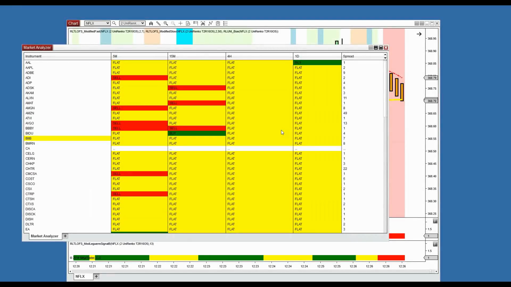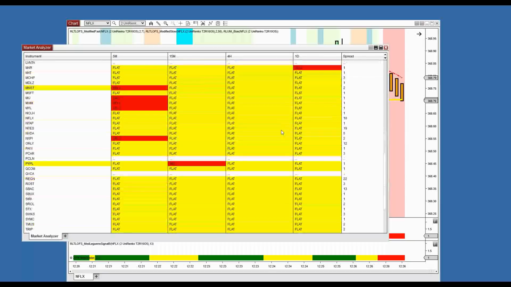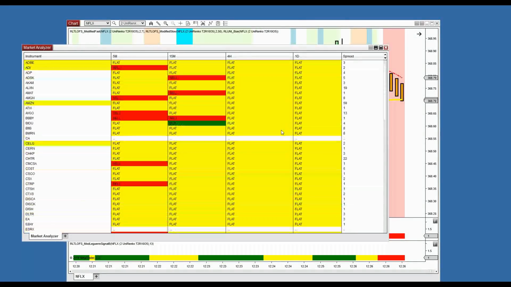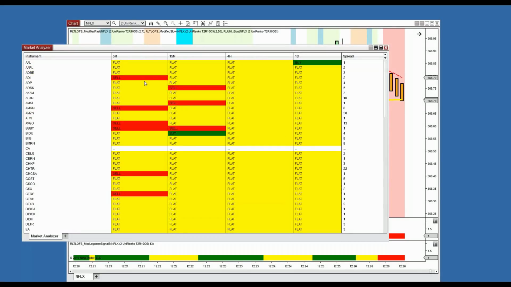And up top, I can put in any instrument that you like. I can put in a Forex pair. I can put in crude oil, doesn't make any difference. And the inputs that are important to you will depend on what time frame you're trading. Let's not even worry about that right now.